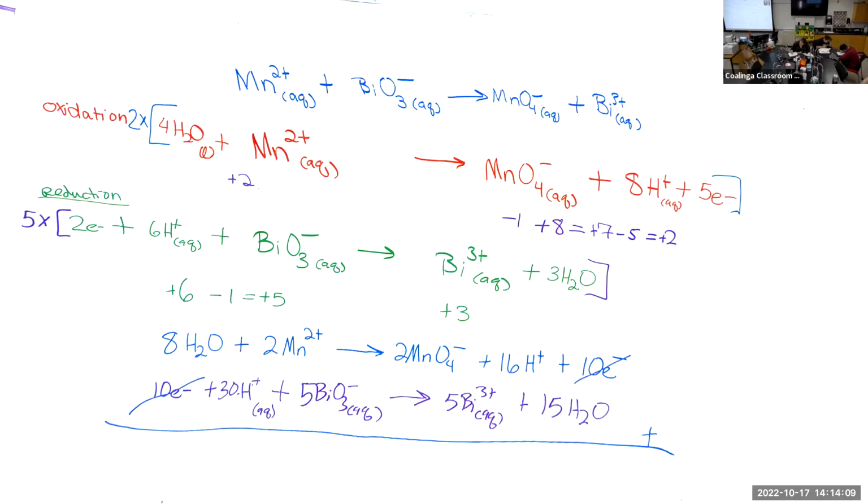We have 8 water here. 15 minus 8 is 7. We have 16, 30 minus 16 is 14. 14 pluses, and plus 5, 3 minus.